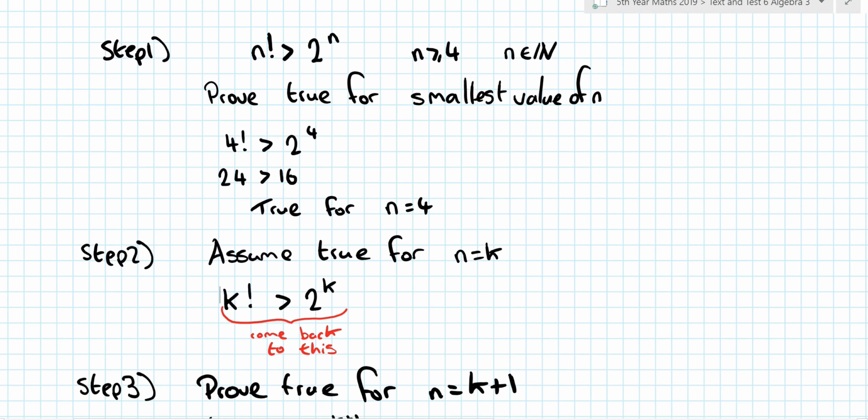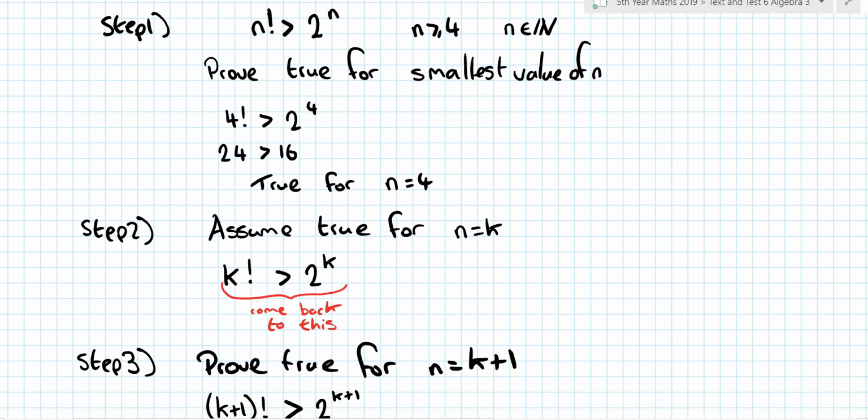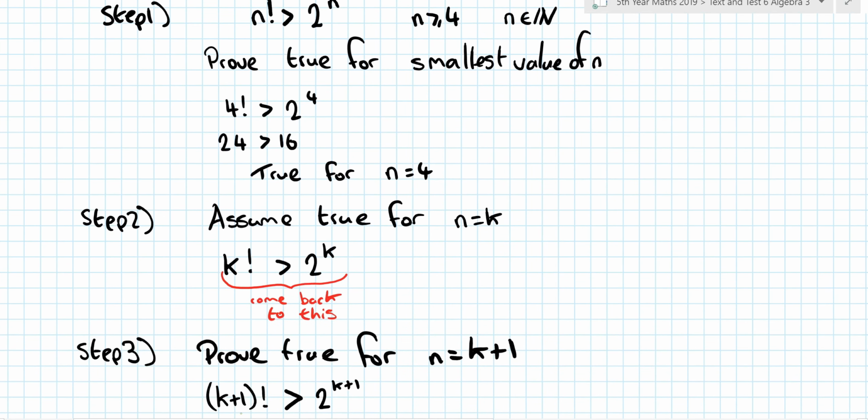So step 3, prove true for n equals k plus 1. Subbing in k plus 1, so k plus 1 factorial. The power over here is 2 to the k plus 1. What did we identify earlier about this? That it's the same as k plus 1 by k by k minus 1 by k minus 2 all the way down, or also that k plus 1 factorial is k plus 1 by k factorial.